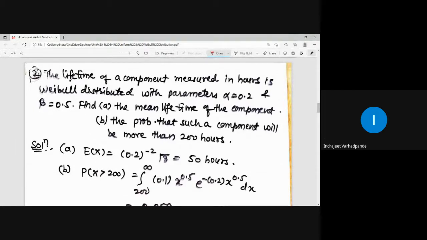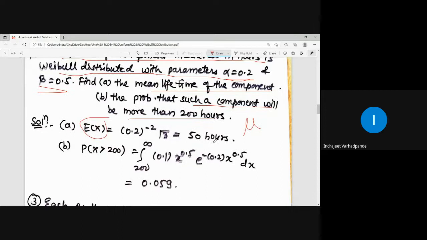Another example is the lifetime of a component measured in hours is Weibull distributed with parameters alpha is equal to 0.2 and beta is equal to 0.5. Find the mean lifetime of the component which is mu, जिसको expectation भी बोलते हैं, and the probability that the component will last more than 200 hours. More than 200 hours यानी क्या, 200 to infinity, कहां तक जाएगा पता नहीं.